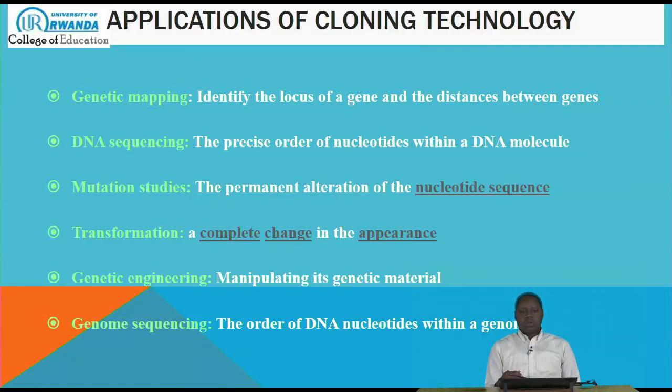You can also use recombinant in DNA sequencing to know the sequence of nucleotides of the gene you are going to use. And you can know the mutations, where a mutation has occurred in your nucleotide sequence, your gene or your DNA. And then we can use recombinant in transformation to check the complete change in the appearance.